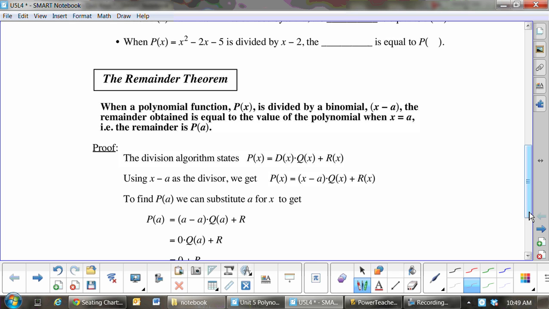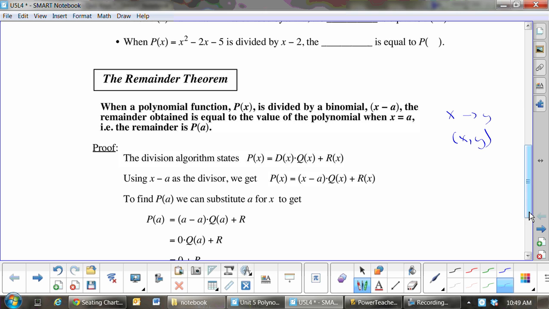So when you put in an x and you get out a y, that's (x, y) on your graph. Now (x, 0), hey, that's on the x-axis. That's actually the solution, or it's a factor.